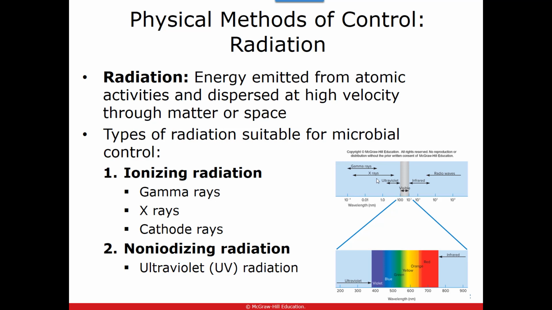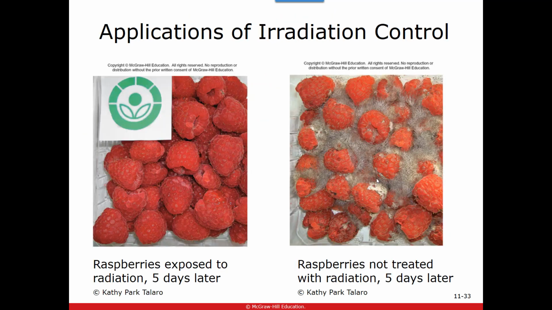This is showing an example of using radiation to preserve foods. If you applied radiation to raspberries, 5 days later, they look great. If you didn't apply the radiation to the raspberries, 5 days later, they don't look very good. Again, the radiation can kill microbes, and it's microbes that can destroy food.